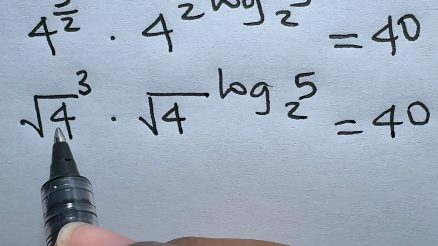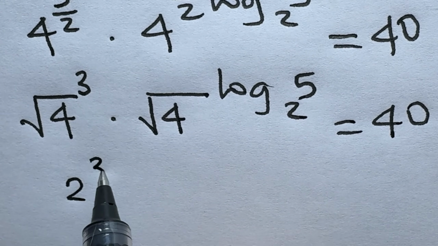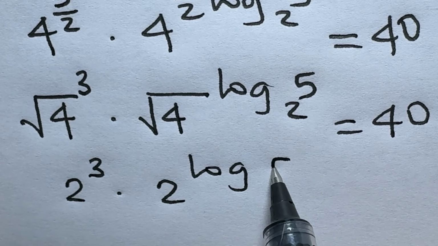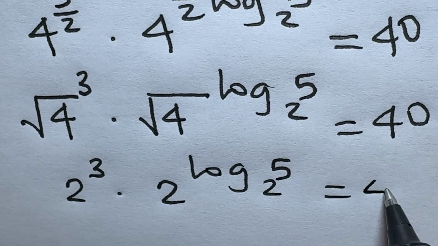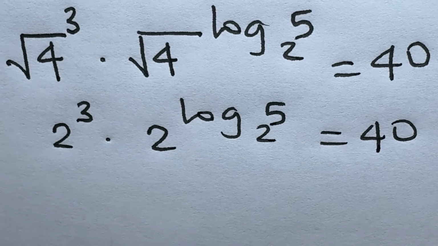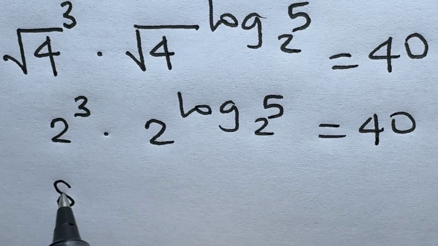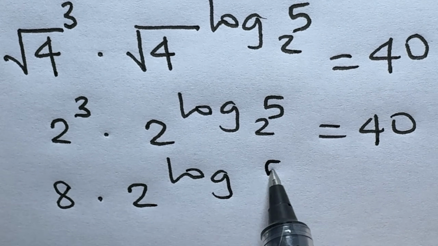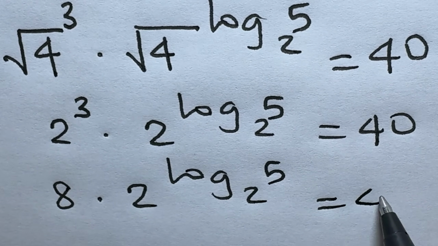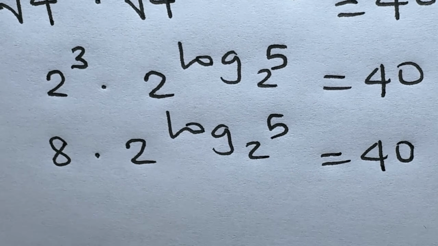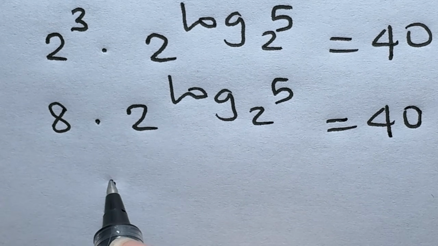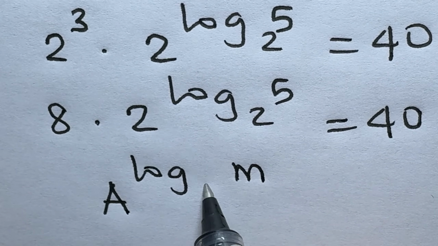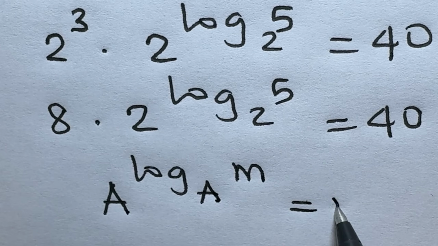Square root of 4 is 2, so 2 raised to power 3, 2 raised to power log 5 base 2 is equal to 40. 2 raised to power 3 is 8, so we have 8 times 2 raised to power log 5 base 2 is equal to 40. By law of logarithm, a raised to power log m base a will give us m.